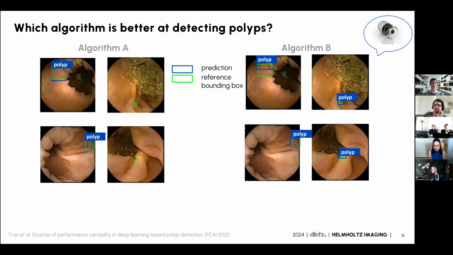In this example, for capsule colonoscopy, you see 2 algorithms, and both of them are trying to detect polyps in the same 4 images. While algorithm A is a bit more careful and is not detecting 2 of the polyps, algorithm B is a bit more straightforward and detects all of them, but the overlap threshold is sometimes very low.